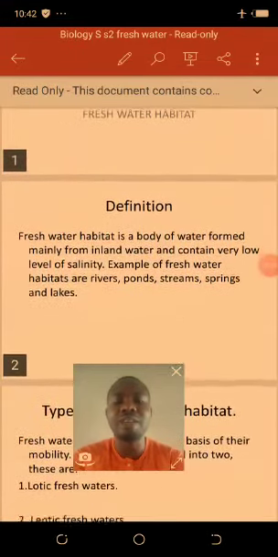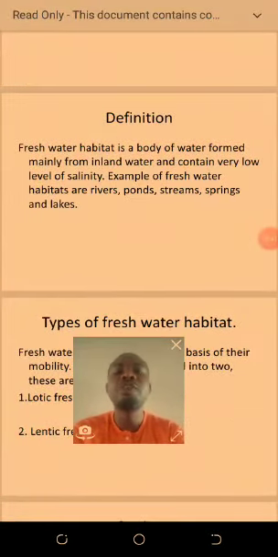Now, let's look at the definition. Freshwater habitat is a body of water formed mainly from inland water and contains a very low level of salinity.